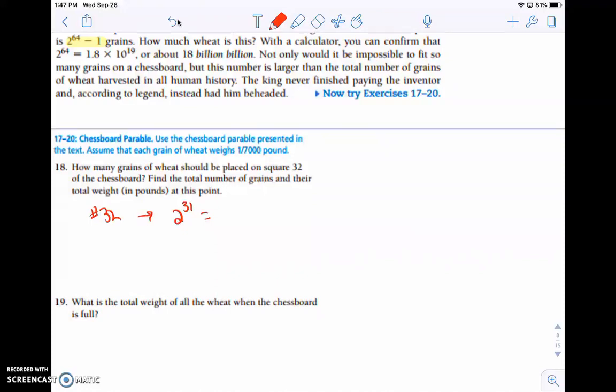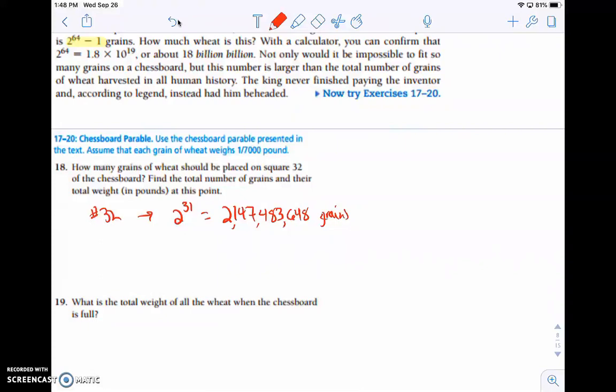And this is massive: 2,147,483,648 grains. That's how many grains are going to be sitting on square number 32, and we're over a billion, a couple billion there, and we're only halfway through. So you can see this is exponential growth.